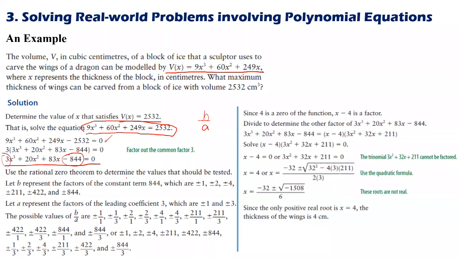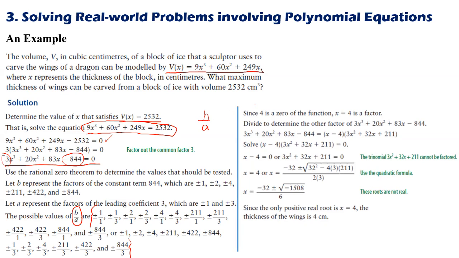So we need to check all the possible values of b, and then all the possible values of a, and then all the possible values of b over a, which are these values. So basically, you need to check if any of these values can make the expression on the left-hand side be 0, right?